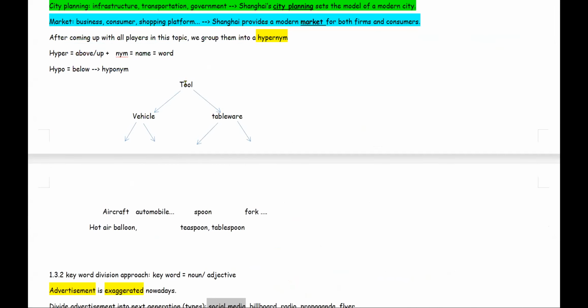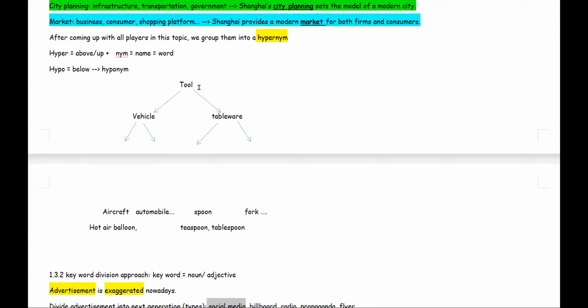Tool is a hypernym, but it's not too general, because we have a concrete idea associated with tool. But if you say beautiful, it's not a good hypernym to serve as your topic sentence because beautiful is too general. Or dangerous, that's too general.